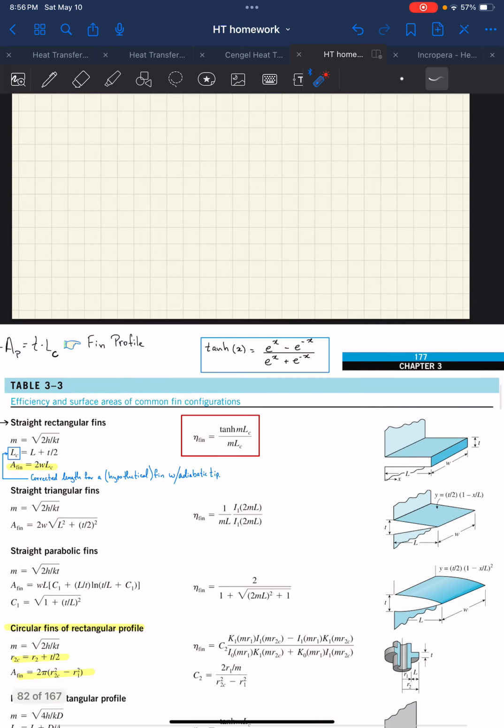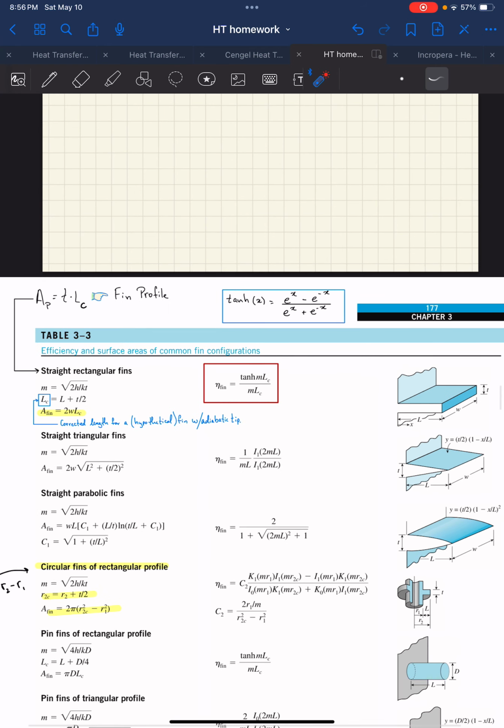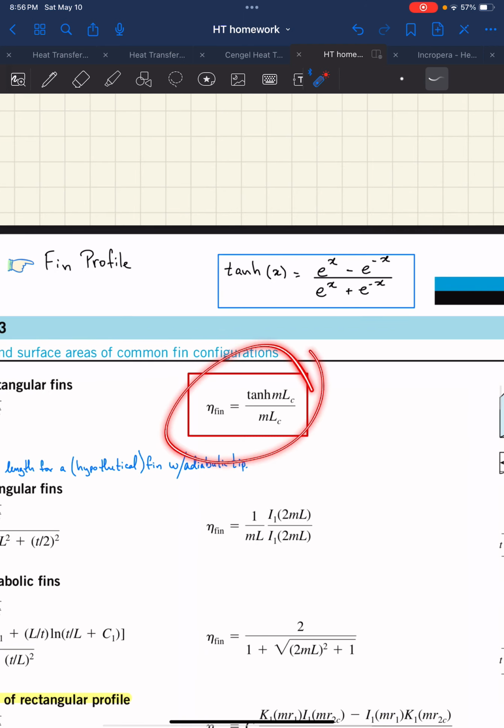This page is taken directly from this textbook, and for the efficiency of a rectangular fin following that particular method, you have to use these equations here. The efficiency needs the hyperbolic tangent. Most scientific calculators should have hyperbolic tangent as a function.